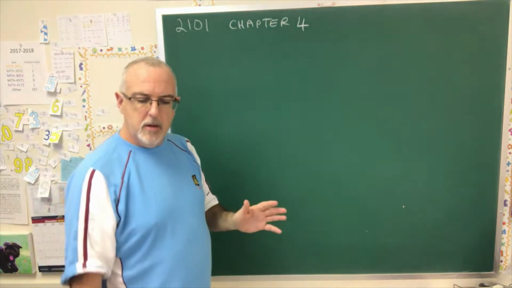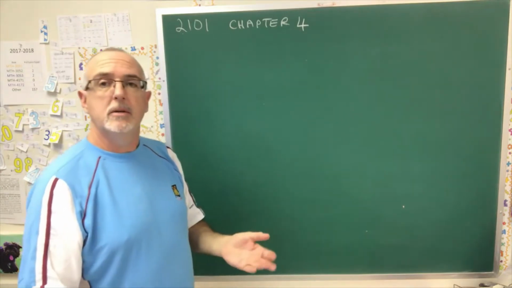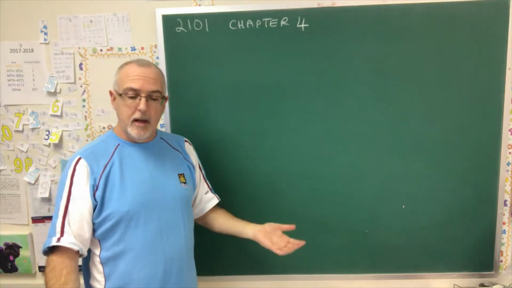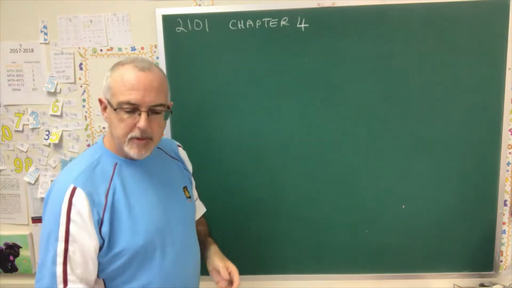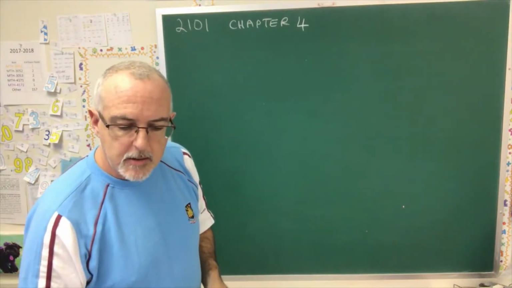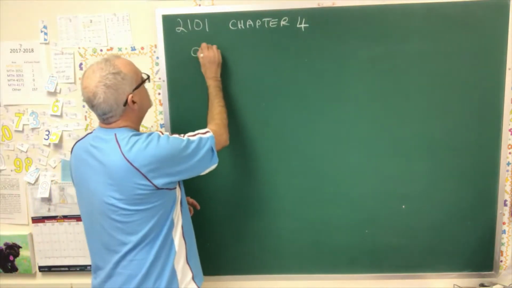First thing we're going to do is establish a ratio. So we have to know what a ratio is. A ratio is just a comparison of two numbers, really. So I looked up some distances on some maps, and I can see that the distance between Ottawa and Quebec City is 450 kilometers.